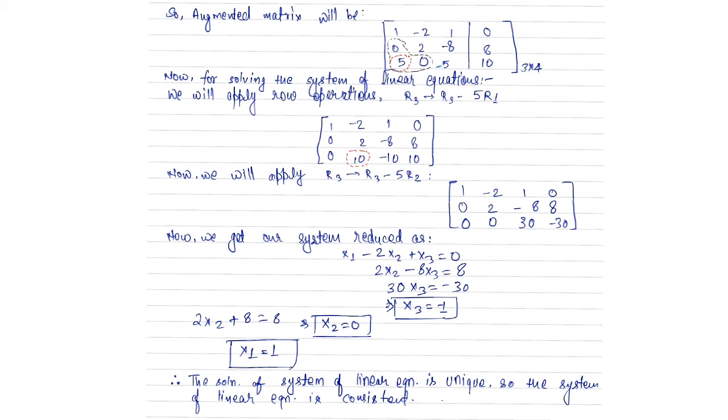Now we will multiply row 2 by 5 and subtract it from row 3. Row 2 multiplied by 5 gives 10, and subtracting, 10 minus 10 is 0.